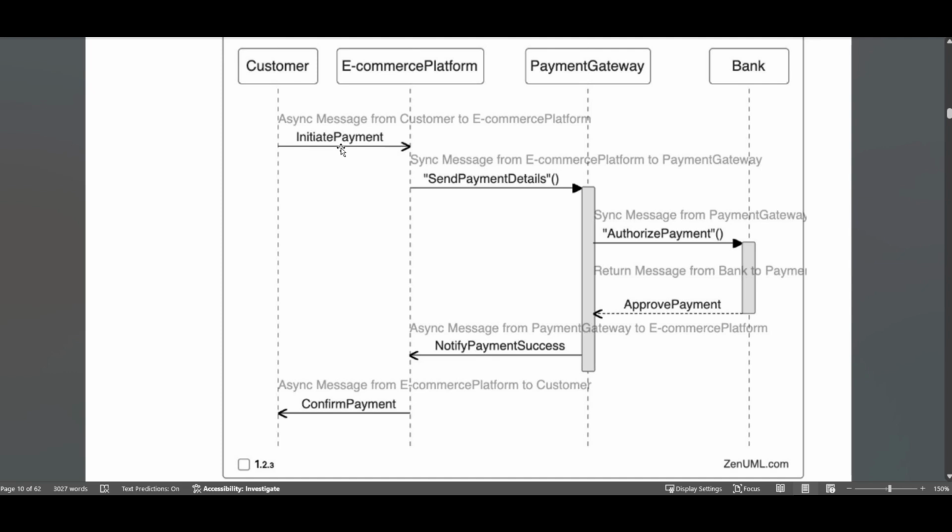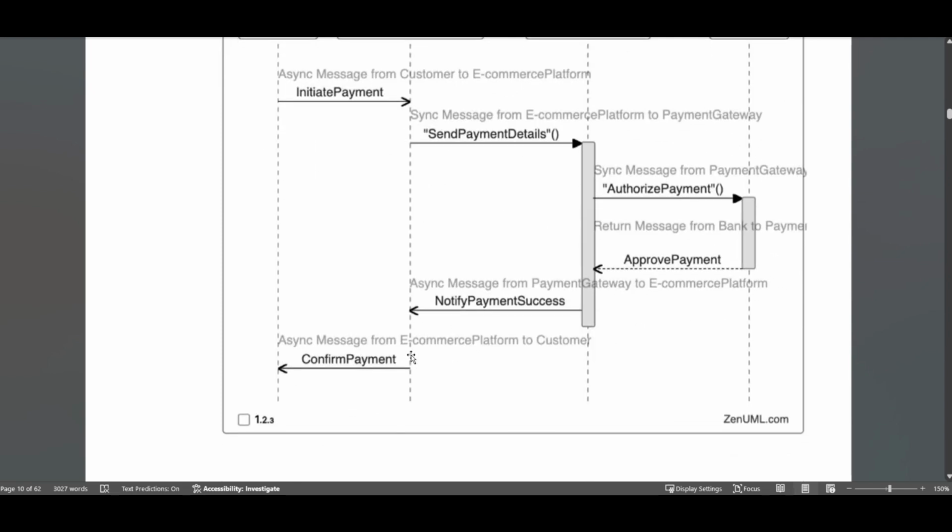The customer makes the initial payment to the e-commerce platform and the payment gateway, and from the payment gateway it goes to the bank, which processes it and returns the response back to the customer.